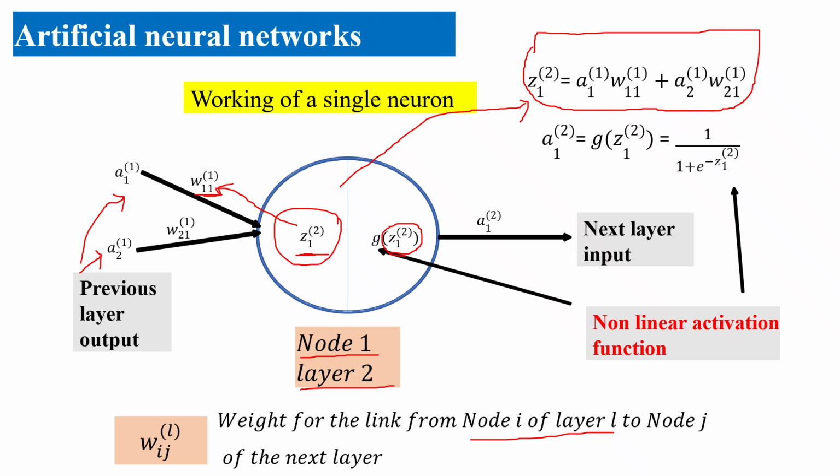This is the output of this node: node 1, layer 2, so a_1 superscript 2 is the output of node 1 of layer 2.